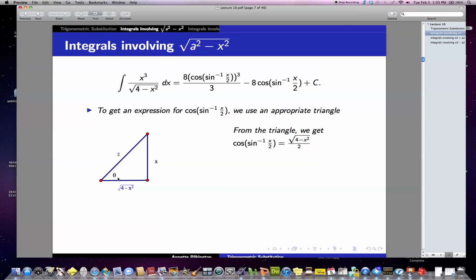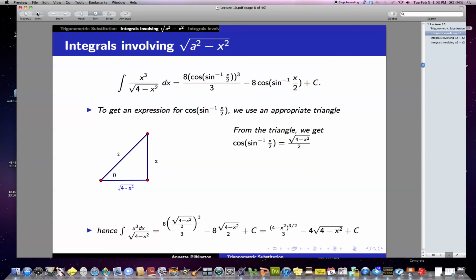In other words, sine of this angle is x over 2, the opposite over the hypotenuse, and then the third side is the square root of 4 minus x squared. So this expression can be replaced by the square root of 4 minus x squared, the adjacent over the hypotenuse here, over 2.